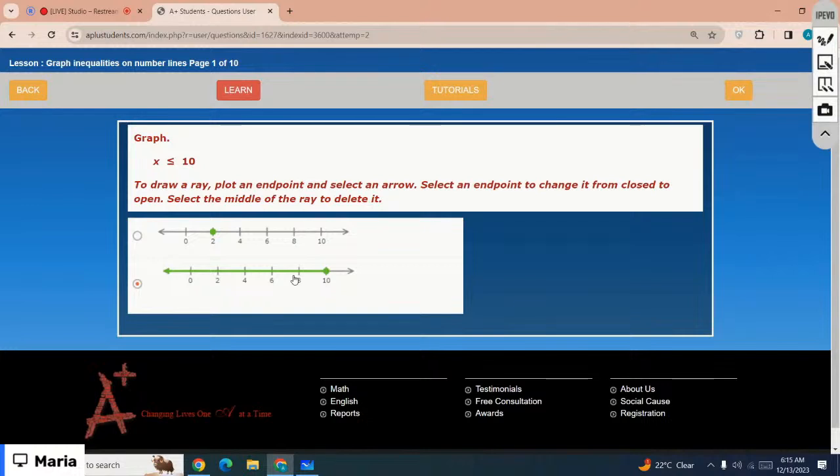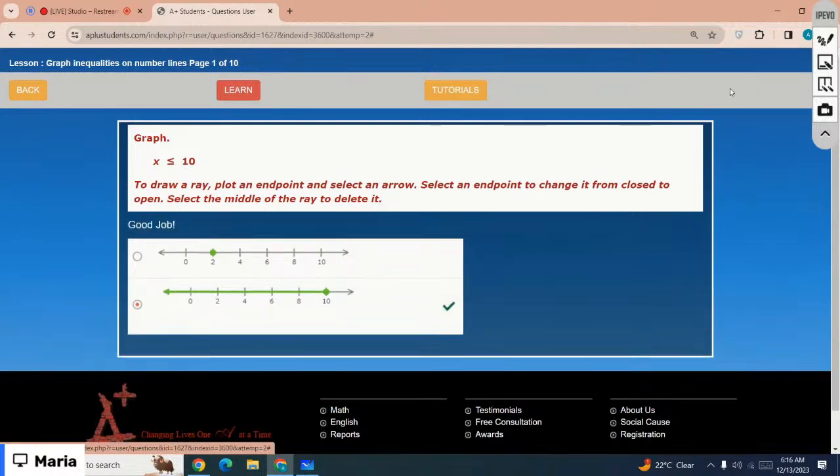That means you need to make a filled in circle on 10, and the arrow must be pointing on the left hand side, right? So the correct option is the second one.